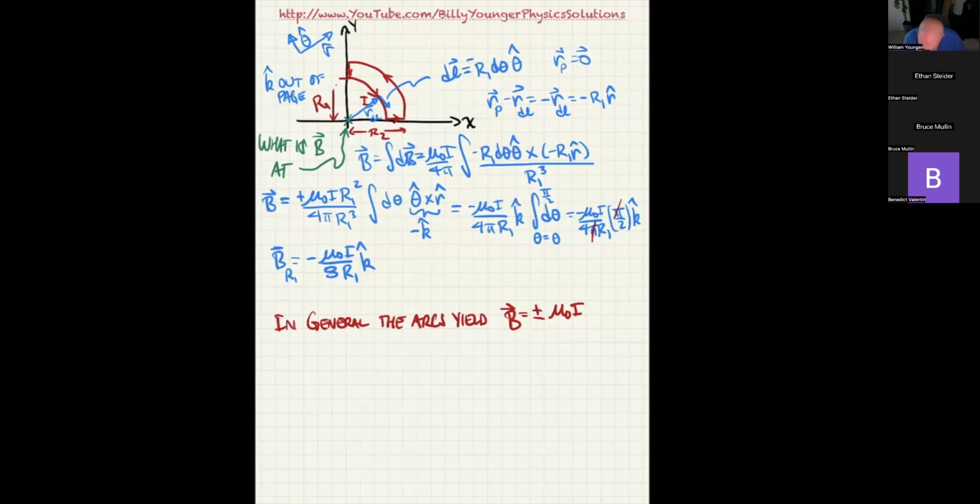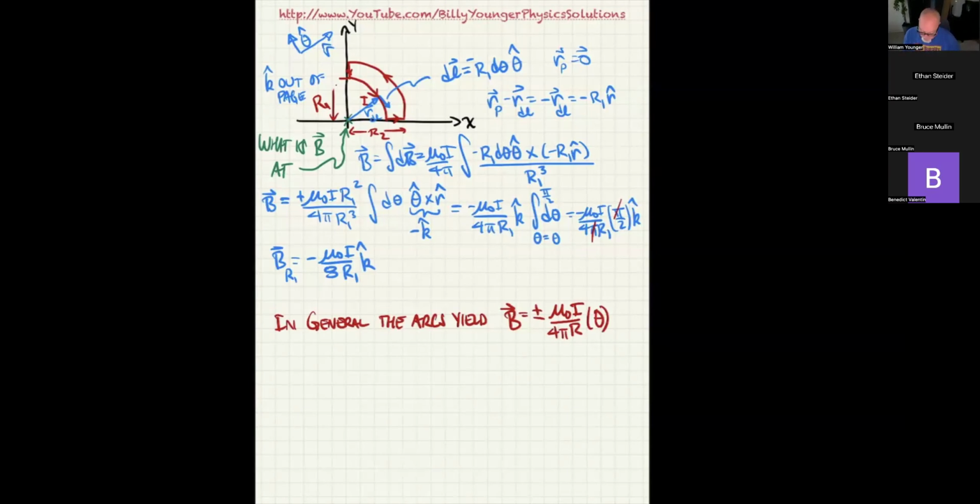But either way, it's going to be mu 0 I over 4 pi R times the angle that the arc spread. So for instance, this one was an angle from 0 to pi over 2. It's a 90-degree angle.